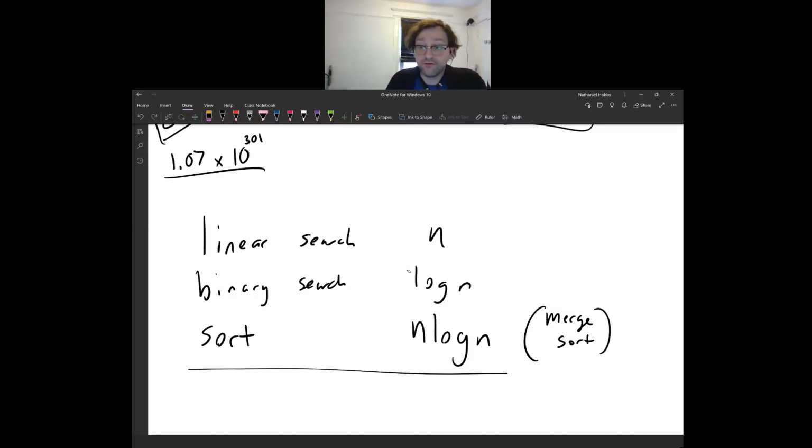Professor? Yeah. I just have a quick question. Is it easier to directly use the linear search, or is it easier to first sort the unsorted list and then use the binary search? I feel like, wouldn't that take more time if we're sorting it and then using it? Yes, it does, but it depends on how often you're planning on searching.